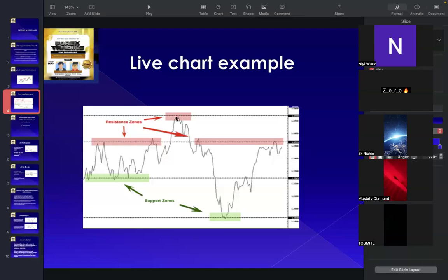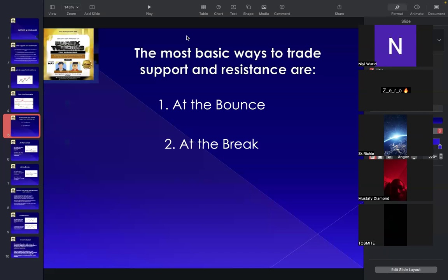So here also serves as resistance. You can see the price drops here, goes up here. Simple. That's support zone and resistance zone. This is a very, very important thing you have to understand before you can proceed to the next thing. I believe you understand. The most basic way to treat support and resistance is to advance at the break.